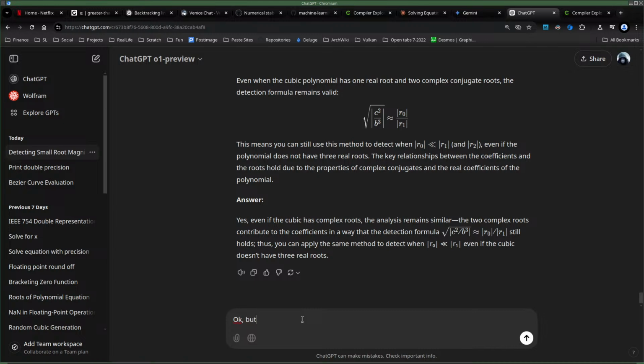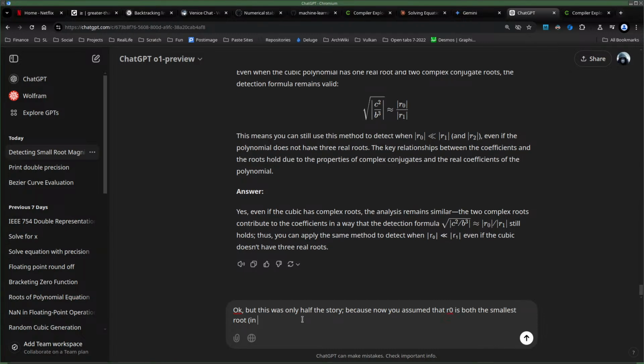Okay, but this was only half of this, sorry. Because now you assumed that R0 is both the smallest root, absolute value, as well as the real one.